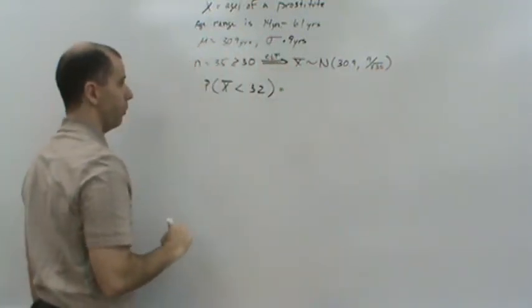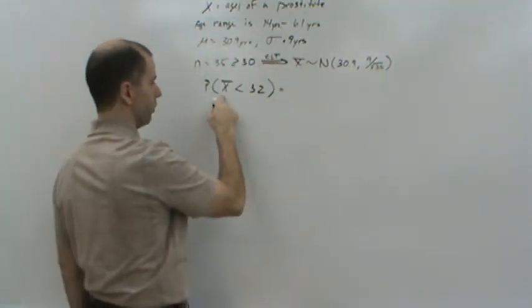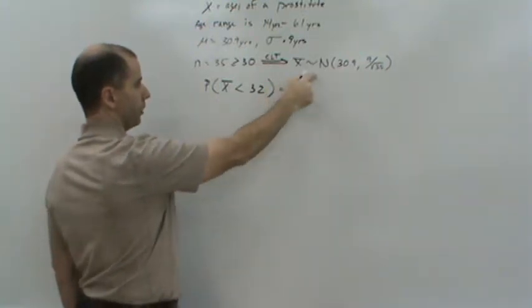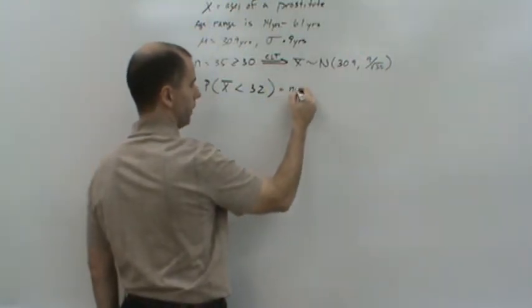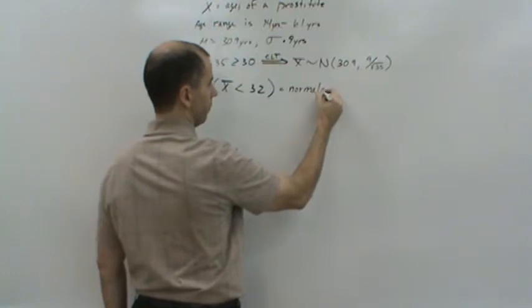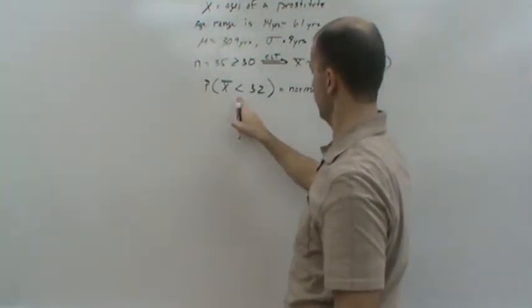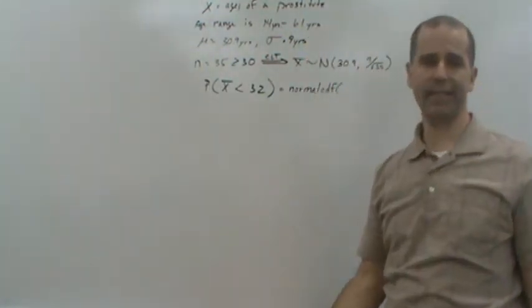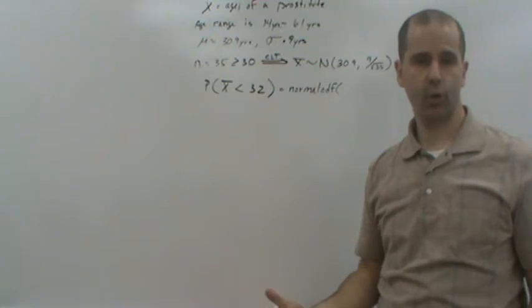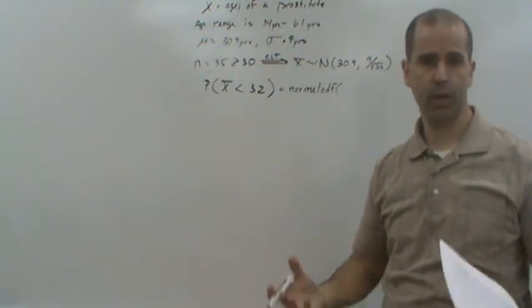Okay, so now we have everything we need, and since we're dealing with probability and a normal distribution, we're going to use normal CDF. What are we going to stick into the calculator? The lower bound: what could we use for the lower bound of ages of prostitutes? 0.